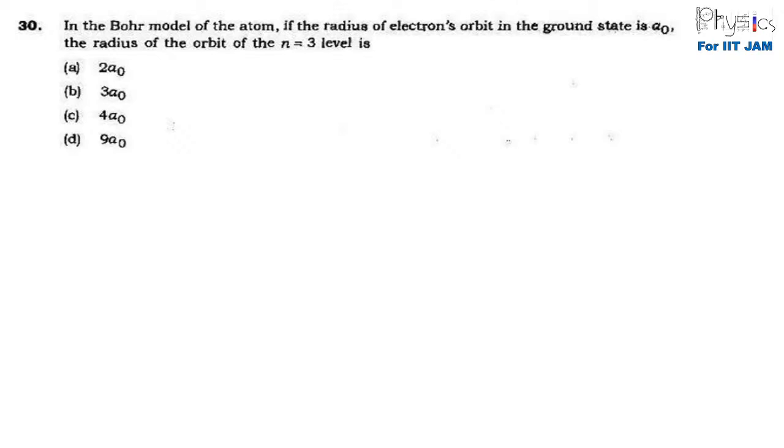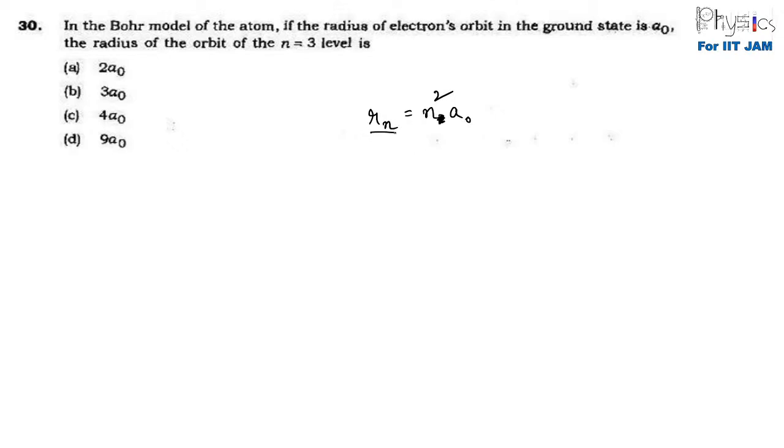Shagoto is telling Rn equal n square A0. Yes, you are absolutely right. Here the formula is Rn equal n square A0.